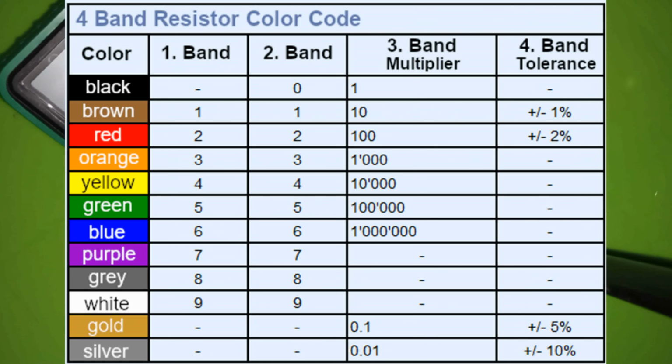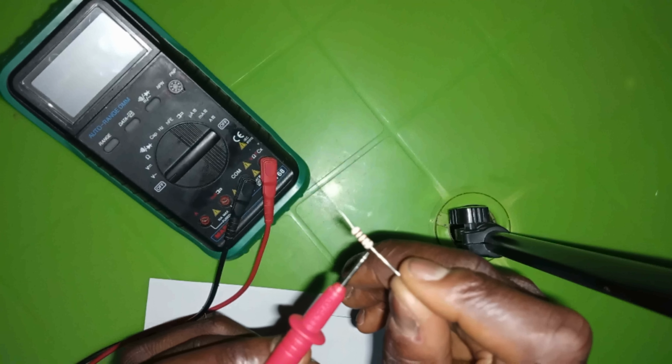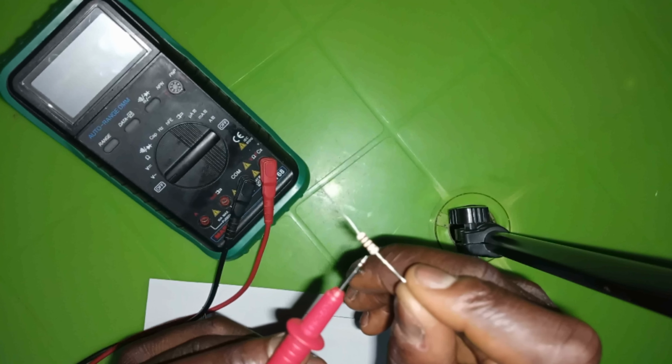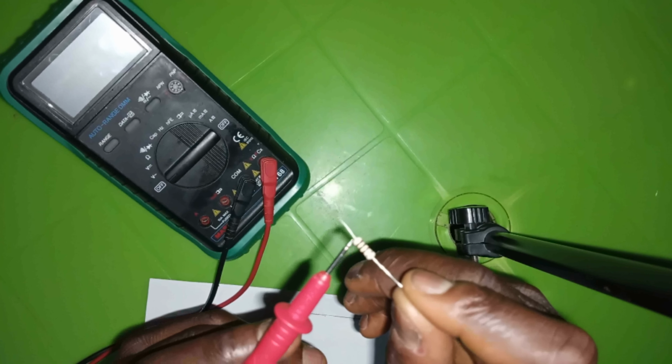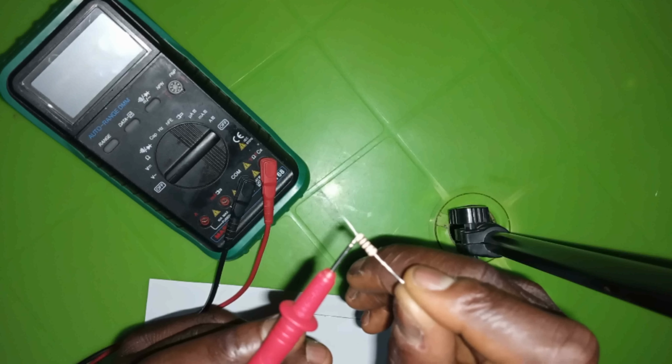The tolerance is usually silver, gold, or you get to see a white space. Here, on this side, I have gold color. So if I want to calculate the resistance of this resistor, I would begin with the color on the opposite side of the resistor.